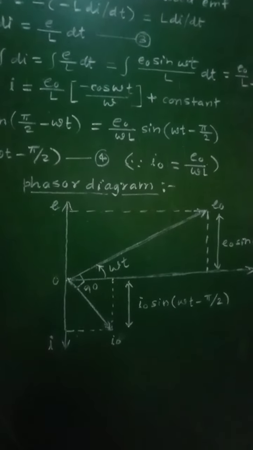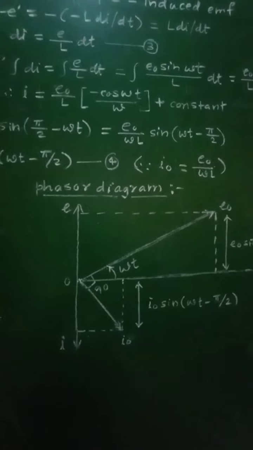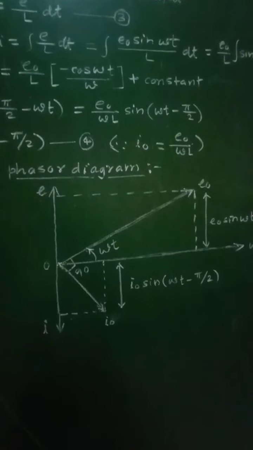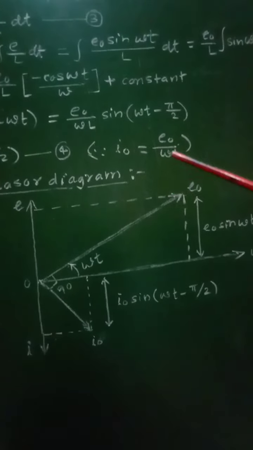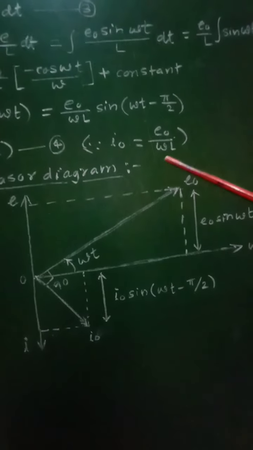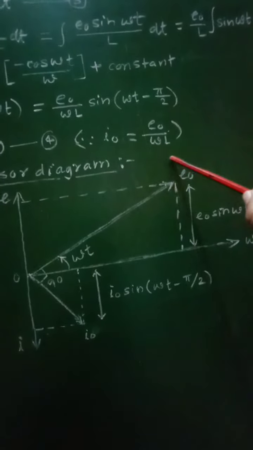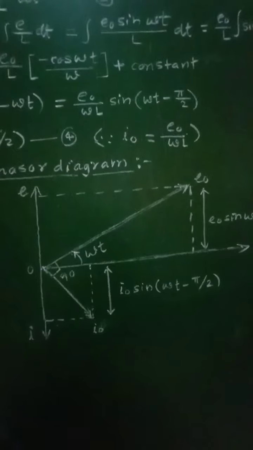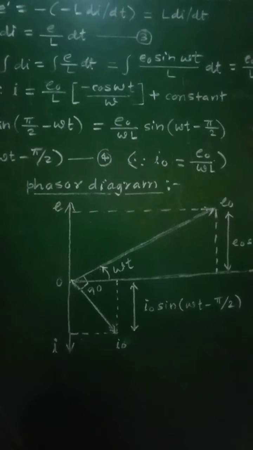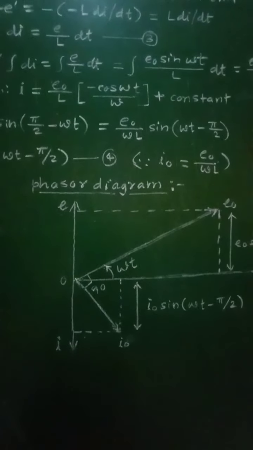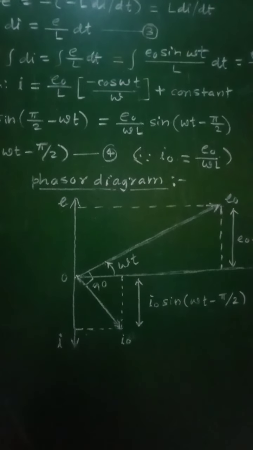with Ohm's law, where I is equal to V by R, or E by R. So the quantity omega L in the denominator represents the resistance, which is called the inductive reactance XL.